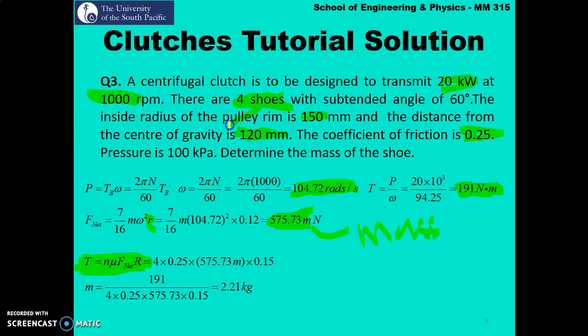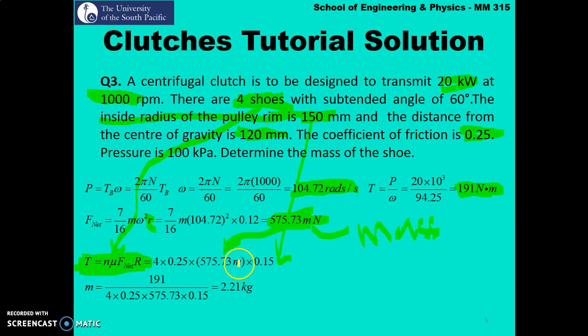So 4 times the coefficient of friction 0.25 times F net, which is 575.73 m, times the inside radius of the rim, 150 mm in SI units, equals your torque, which is 191 Newton meter.